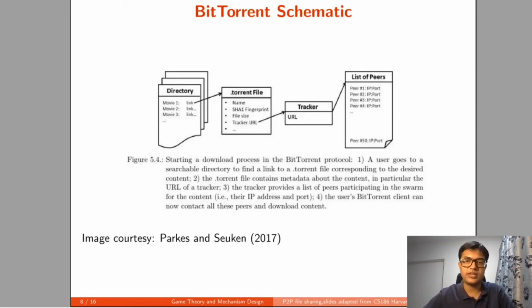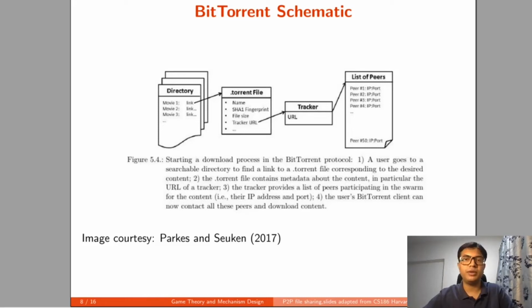Now what is a tracker? A tracker is something like a planner, a centralized entity which keeps the list of all the peers, and it is dynamically updated. As the name suggests, it is tracking all the peers who have the specific file given in this torrent file, and it keeps their IP addresses and their port numbers.